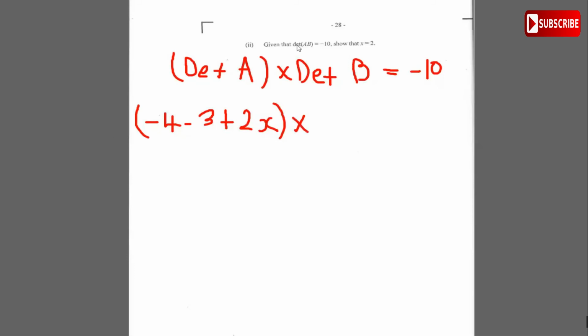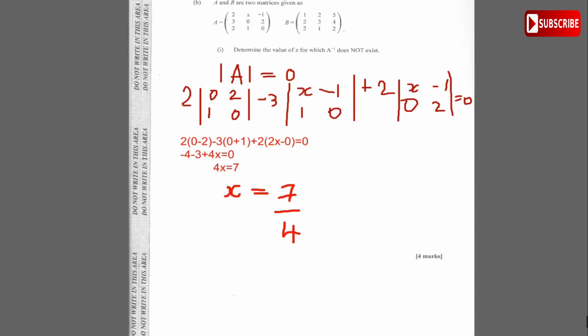And the determinant of B we can find. Let's do it right here. The determinant of B would be 1 times 2, 5, 3, 4, minus 2 times, let's go here now, cross this and this, we get 2, 5, 1, 2.